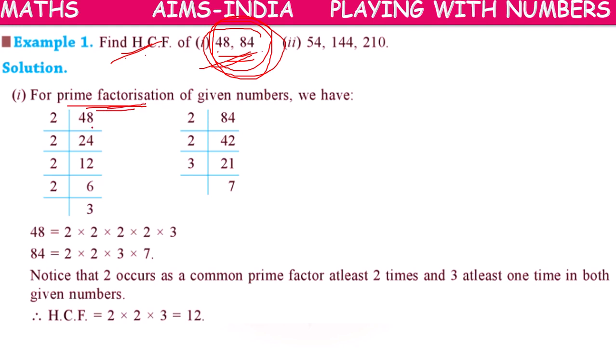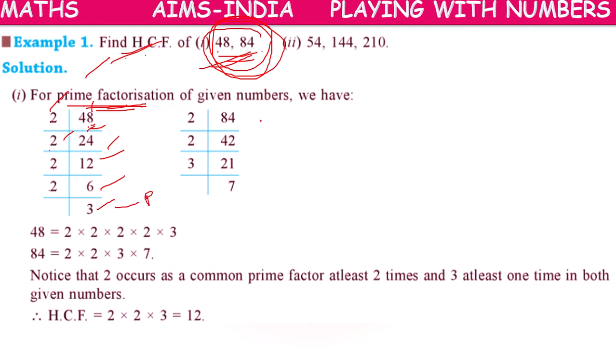First, for 48 we apply the prime factorization method. 48 is an even number, divisible by 2, 24; divisible by 2, 12; divisible by 2, 6; divisible by 2, 3. 3 is a prime number, so we can stop the division.